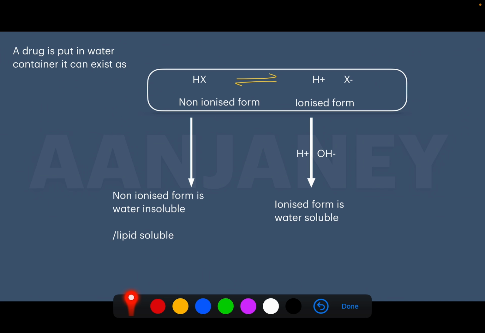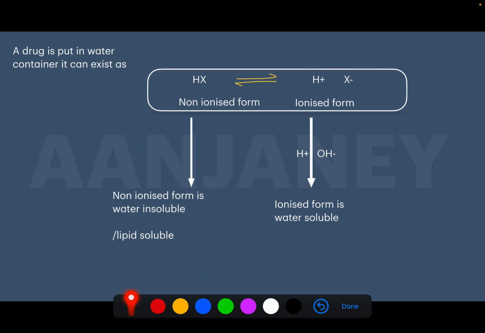Now if the drug exists in this form, then these ions will combine with the ions of water, and the drug will be ionized or water soluble. Again, if the drug is put in a water container and it dissociates into ions, it will combine with water ions to become water soluble. But if the drug does not dissociate, then it exists in what?